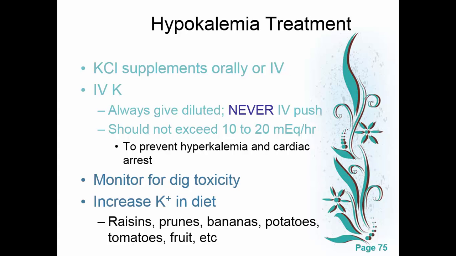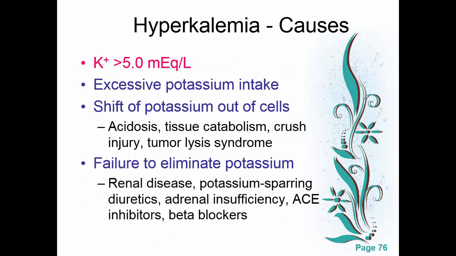You want to assess for signs of hyperkalemia and assess for patients that are taking PO potassium for GI upset. Again, monitor them for dig toxicity. Another treatment is increasing the potassium in the diet, and this could be through raisins, prunes, bananas, potatoes, tomatoes, fruits, etc. We talked about foods that contain potassium in the other lecture.